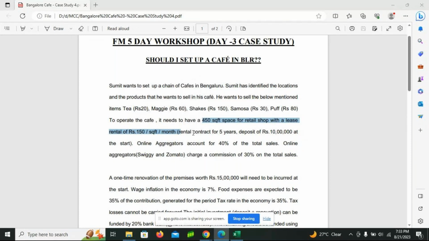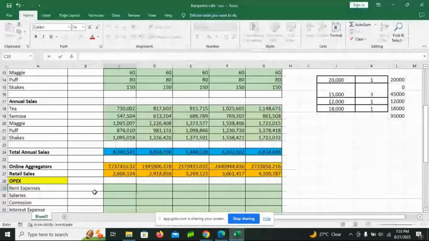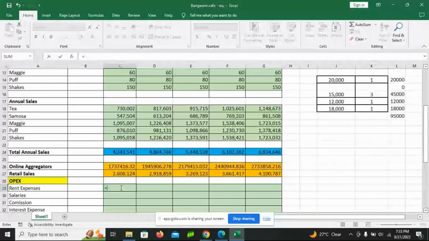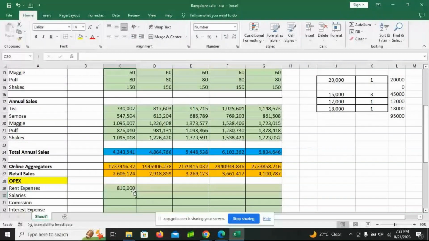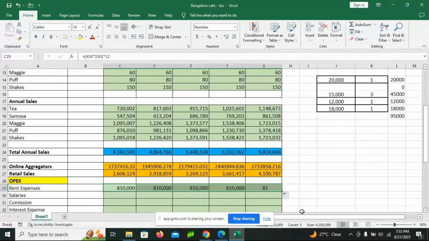So we'll come here, equals 4,500 into 150, for 12 months we have to calculate. Here there is no change, so the amount is going to remain the same.